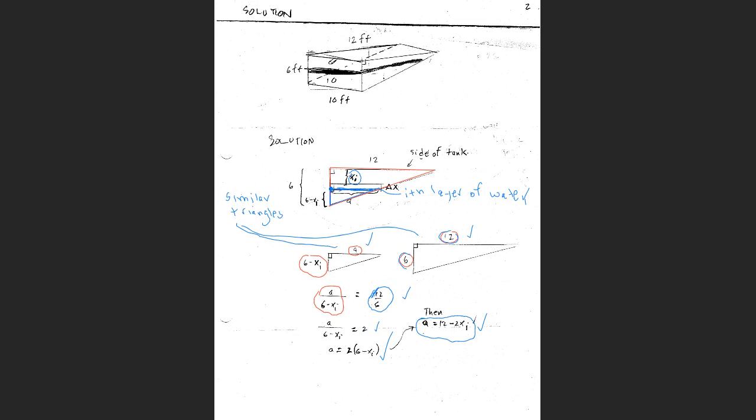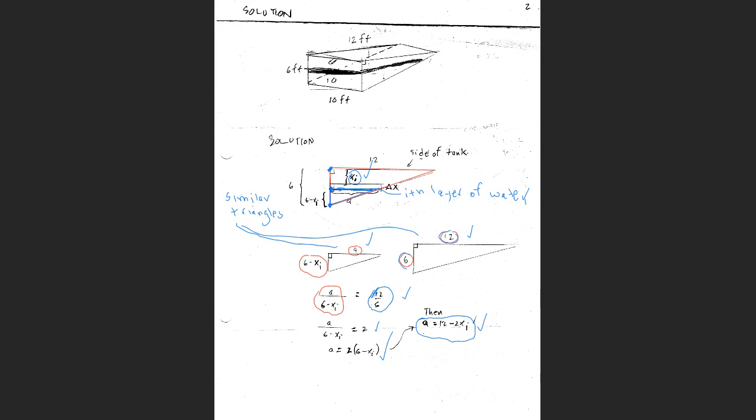I know xi is going to vary from 0 feet all the way down to 6 feet, because I have layers of water on the top all the way down to a layer of water on the bottom. But this here is just a general x value. It's a variable. It changes depending on where your layer of water is.